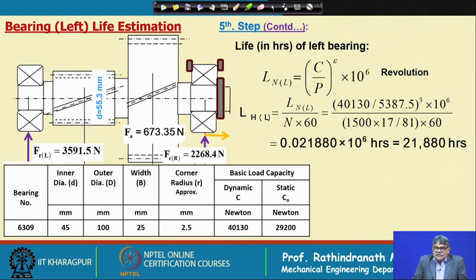So, divided by the gear ratio, which is 81 by 17, 1500 divided by the gear ratio, that is the RPM of the shaft, multiplied by 60, means we are calculating this in hours. So, we have divided this by 60. This value is quite high, 21,880 hours.